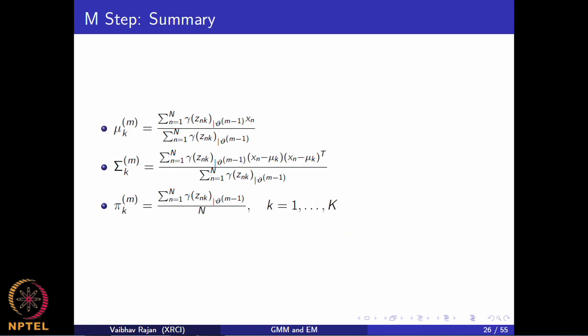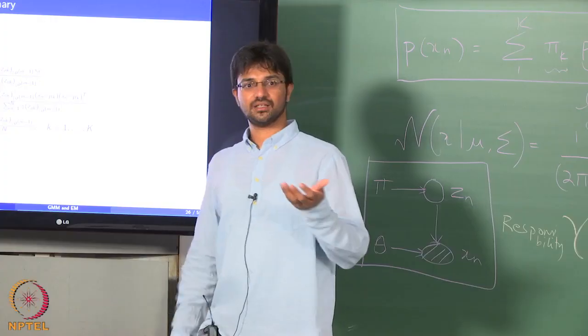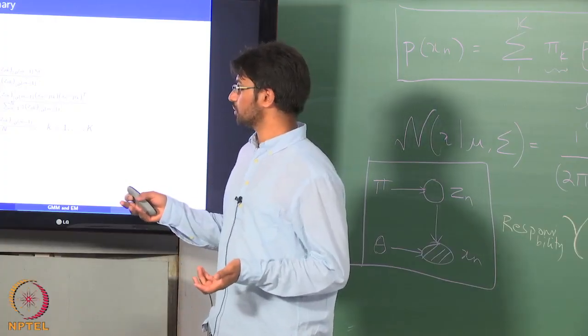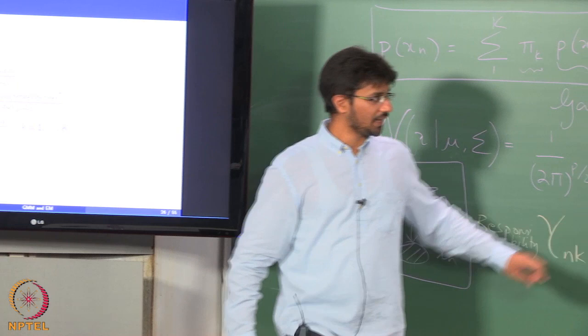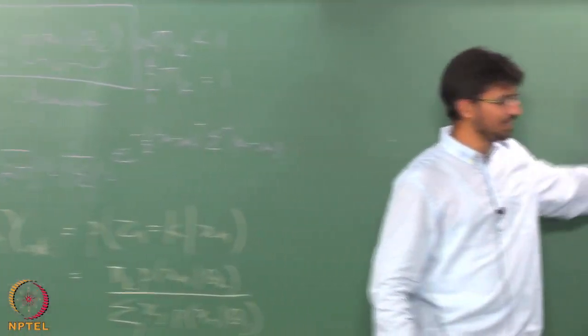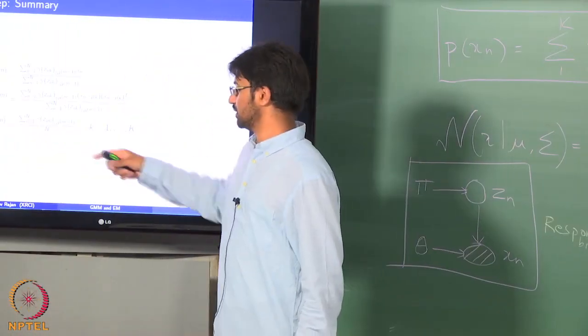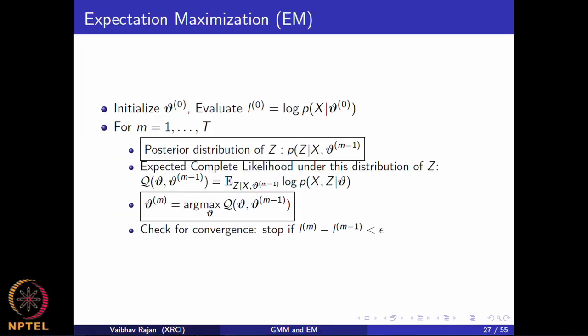Right. So what have we done? We first found these same formulas by assuming that we know the responsibility, and then we used the EM steps to find that these values are exactly the same as what we found earlier. And if we plug this into the EM framework, you start with a guess, you iterate by first finding the posterior distribution of z, and then you find the expected complete likelihood under this distribution of z, and finally maximize to get the new guesses.